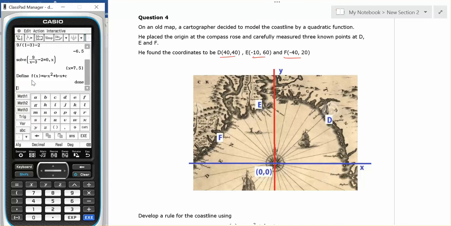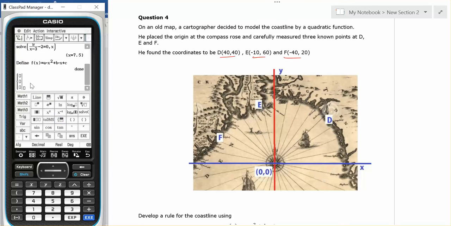Now I can use the simultaneous tool. So I'm just going to go 1, 2. F of 40 equals 40. F of negative 10 equals 60. F of negative 40 equals 20.